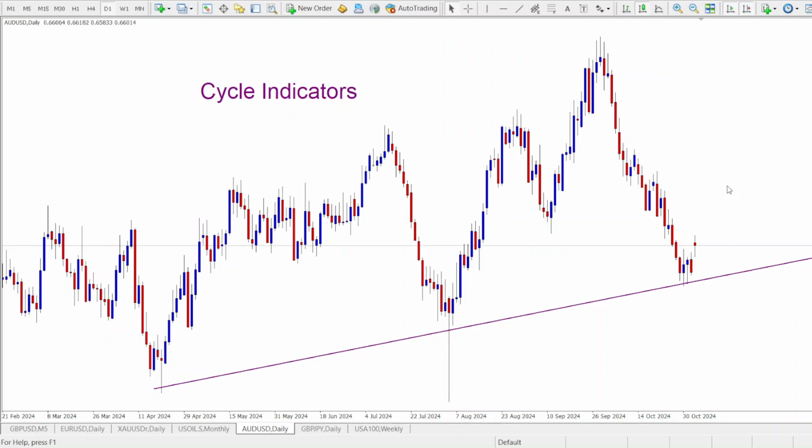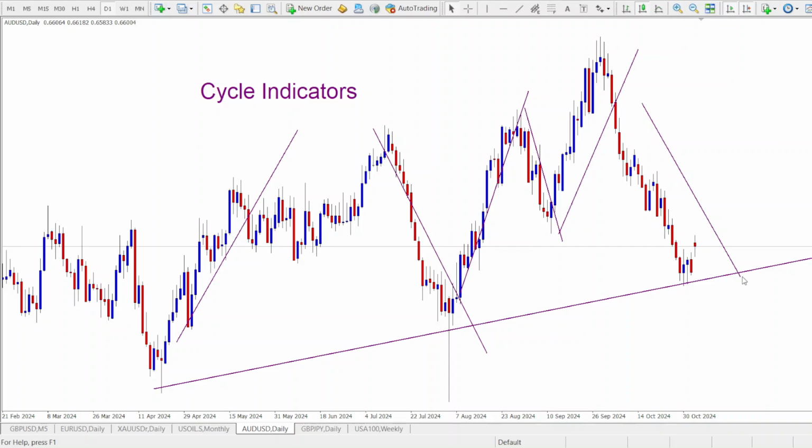Basically, this is the difference. You can think of it like a wave. In the financial markets, price does not move in a straight line. Markets go up, they go down, and they do so in cycles.